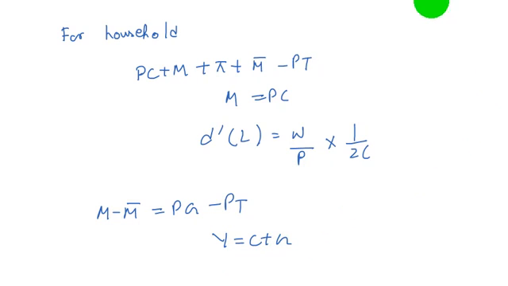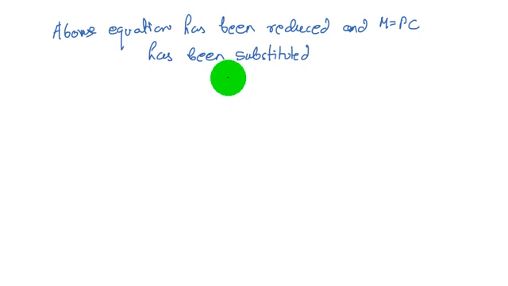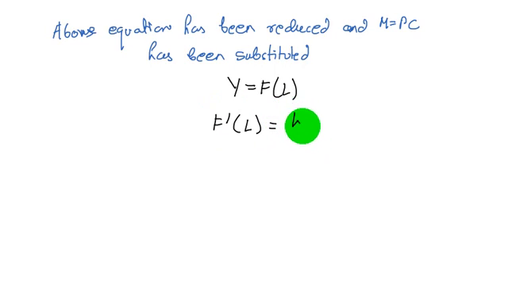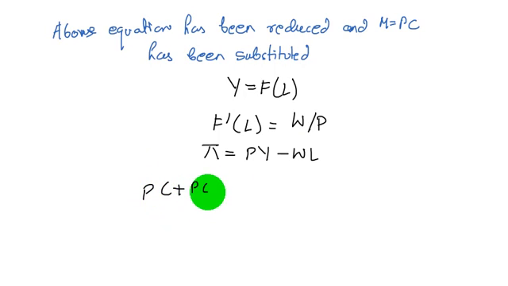Now we'll see what the market clearing conditions give. Therefore Y equals F(L), F dash L equals W by P. Now pi equals PY minus WL, and PC plus M equals WL plus pi plus M bar minus PT.